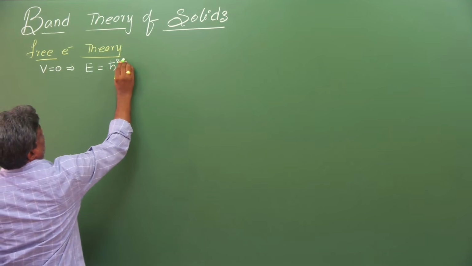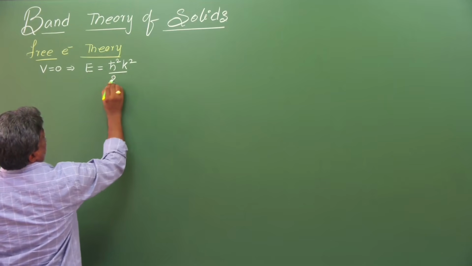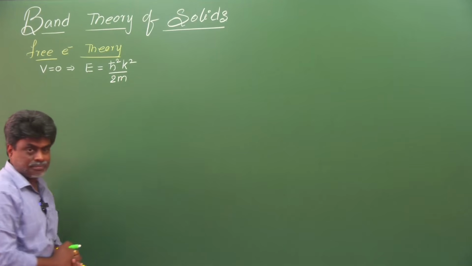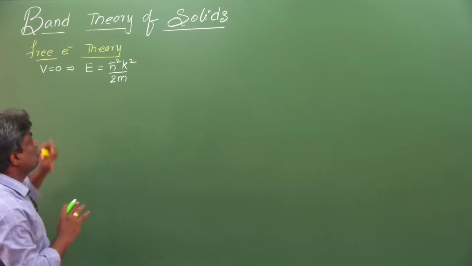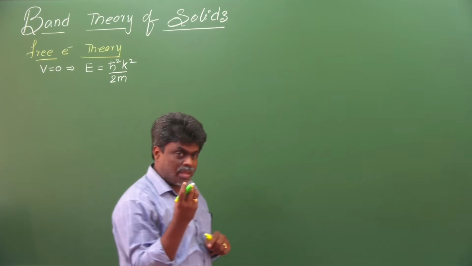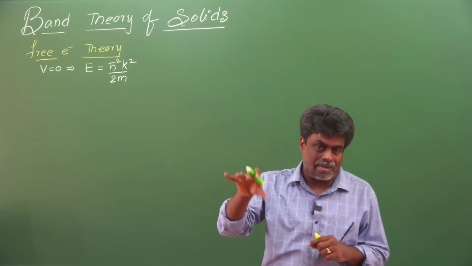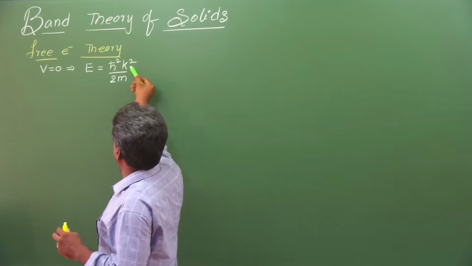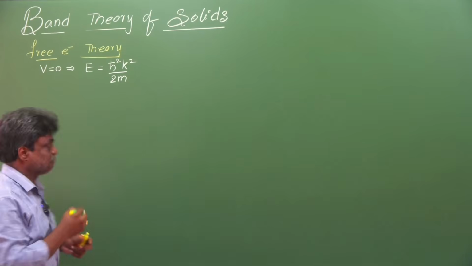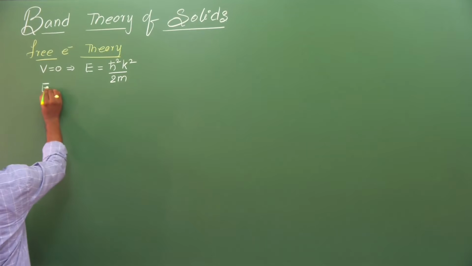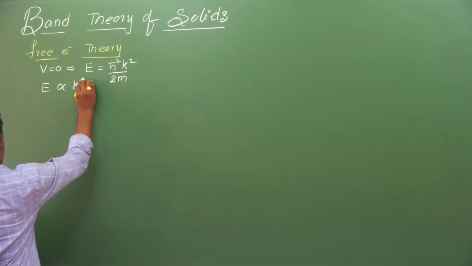That's why ħ²k²/2m. So if you treat the electron moving inside the lattice as a free particle, its energy is proportional to k square.